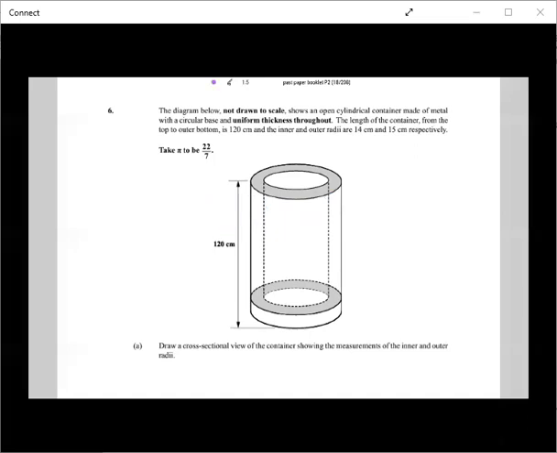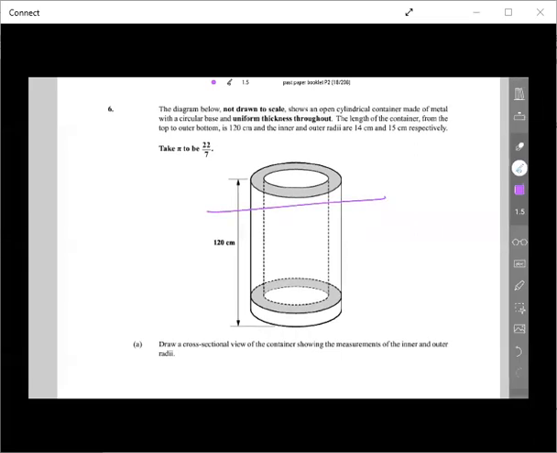Cross-section is the surface of a solid that is exposed when it is cut. So it's like somebody cut the solid like that, and the surface that is exposed is called the cross-section.